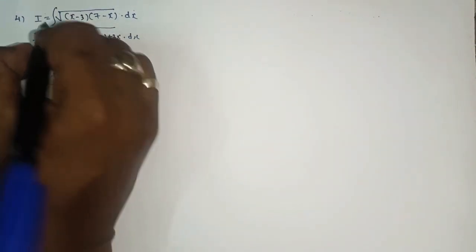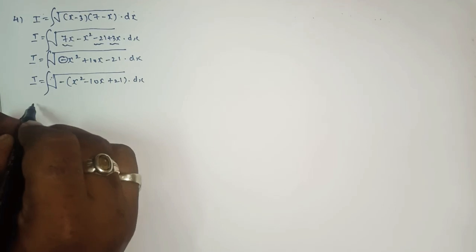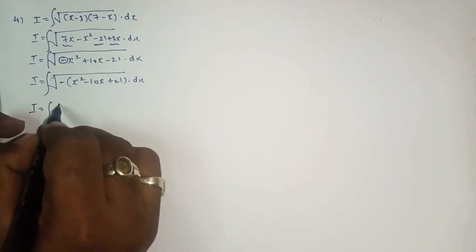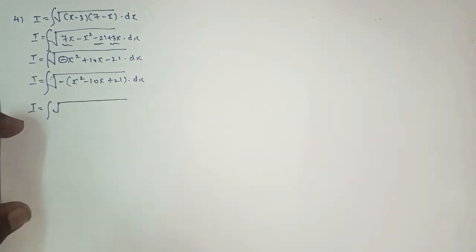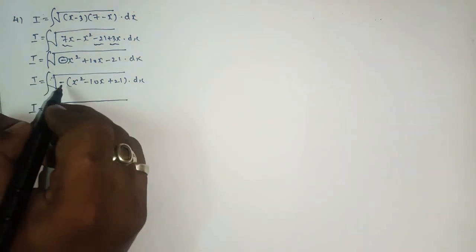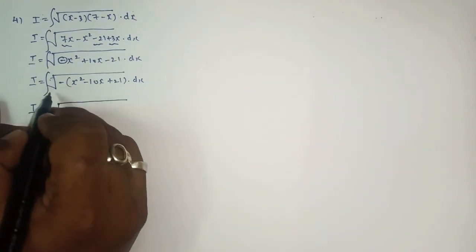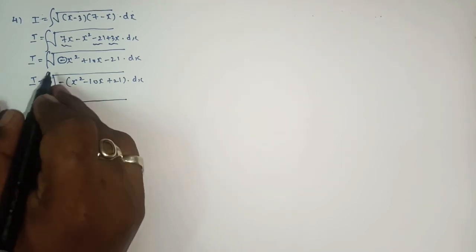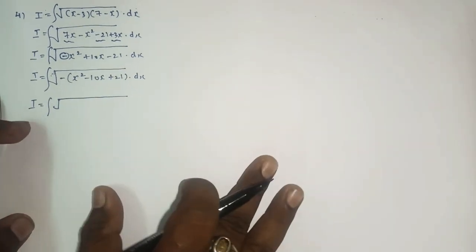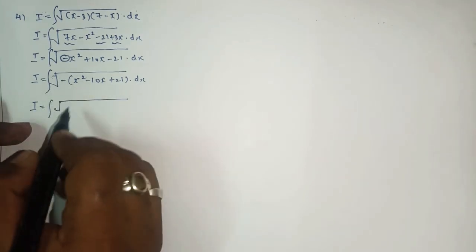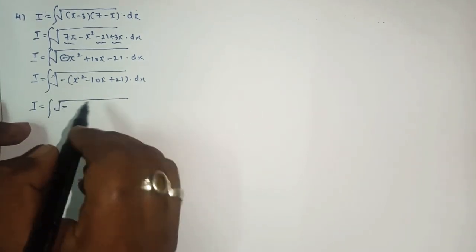This is the integral section. I equals to integral root. Keep this minus inside the root only, inside the integral. If you want to bring it outside, you can, but I will suggest to keep this minus as it is, inside the root only.